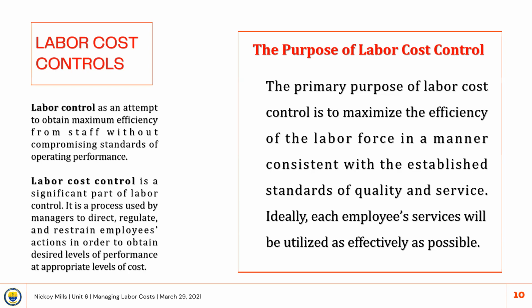But there should be no time when dishwashers stand around with no work to do. Similarly, a sufficient number of servers should ensure that all customers are served as quickly as possible while standards of service are maintained. But at no time should there be more than a sufficient number of servers to serve customers in the restaurant.